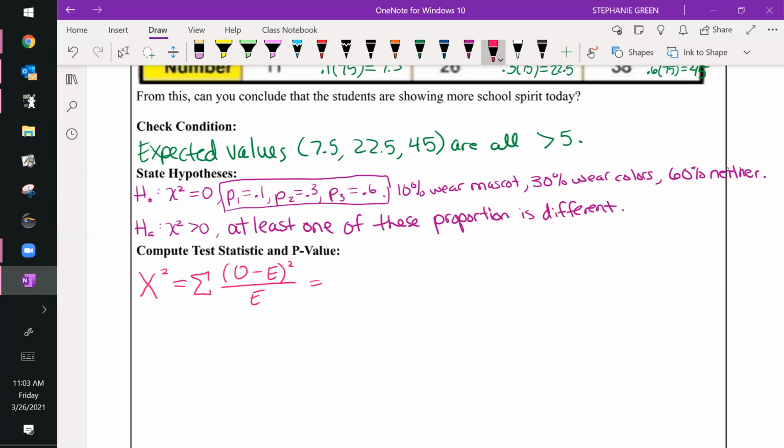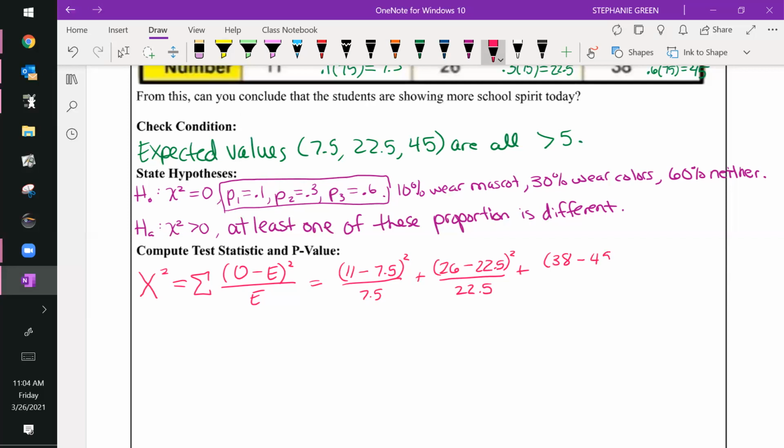So my observed value for school mascot is 11, minus expected was 7.5, over expected. Add that to colors, which was 26. We expected 22.5. It's pretty close. And for neither, we saw 38 and we expected 45.